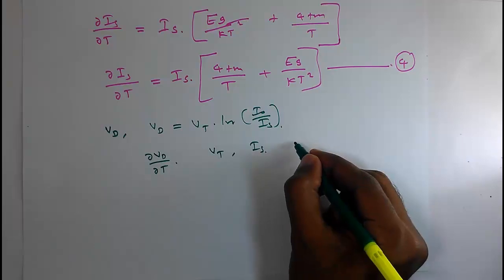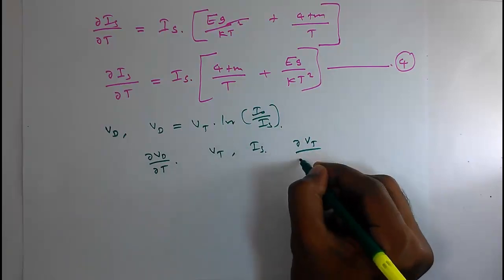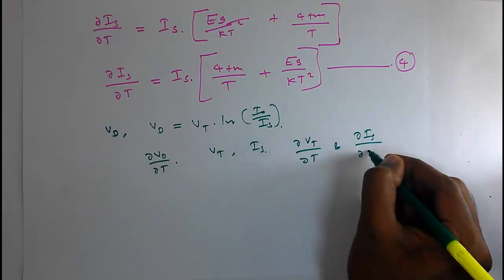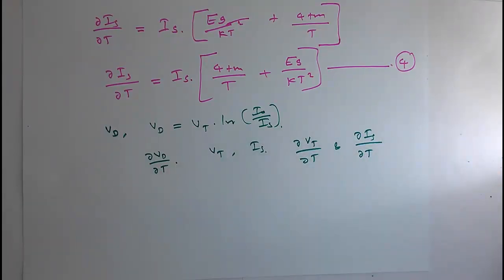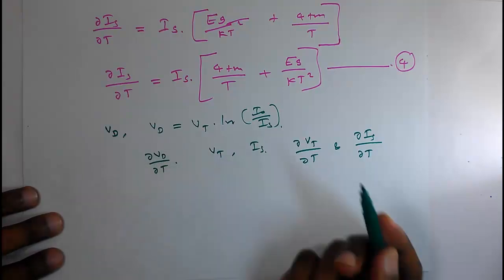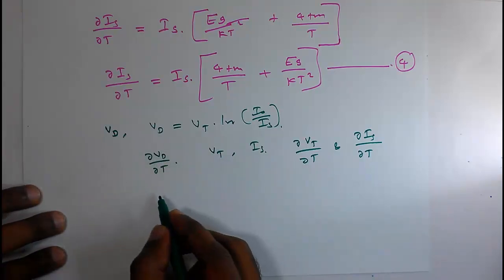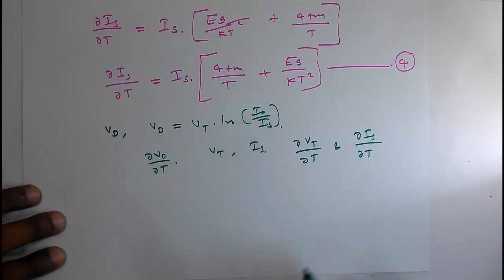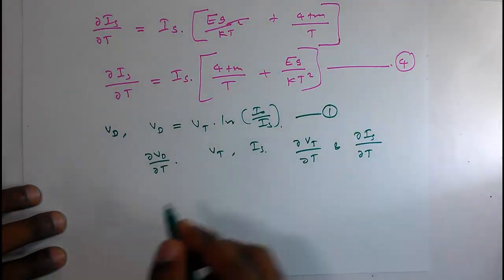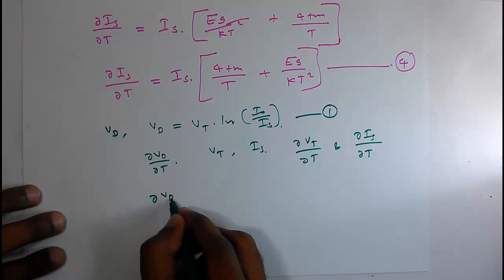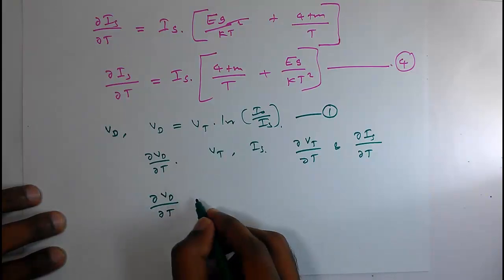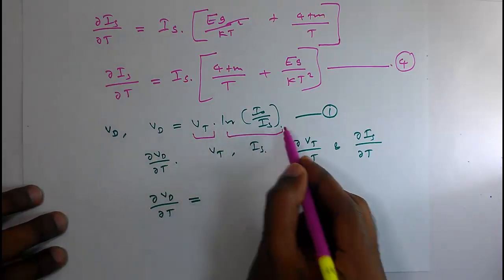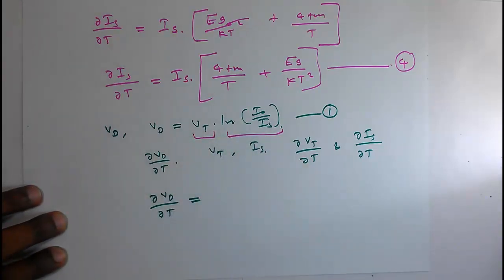So we individually found dou Vt by dou T and dou Is by dou T. So now we can find this dou Vd by dou T. So we have Vd equal to Vt into ln I0 by Is, this from equation 1. Then dou Vd by dou T, we have one term Vt here and another term ln I0 by Is.